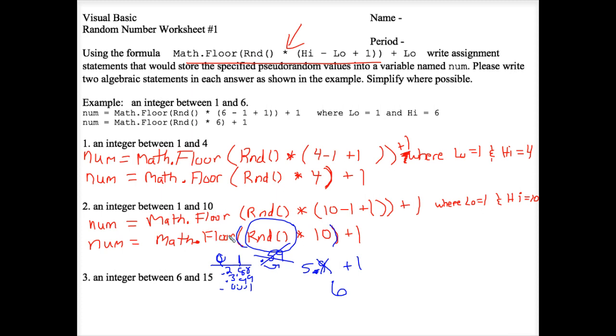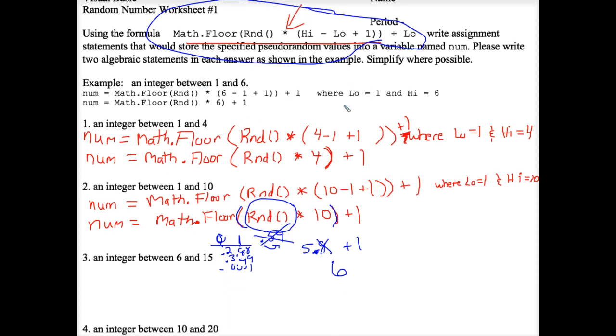By using math.floor that truncates decimal places and chops them off, and the rest of the math, the multiplication, and the parentheses, it always works. It's a nice handy formula here to memorize for the rest of your computer software development career.